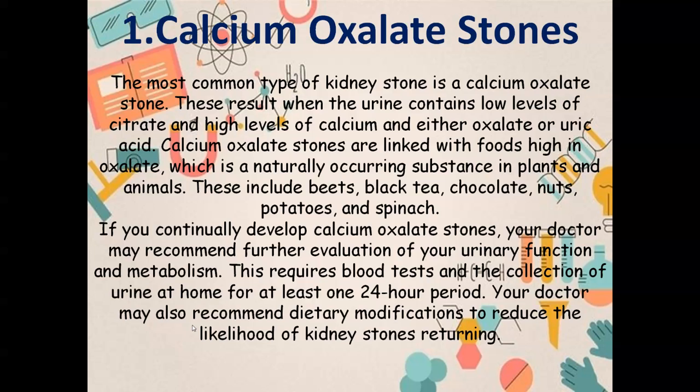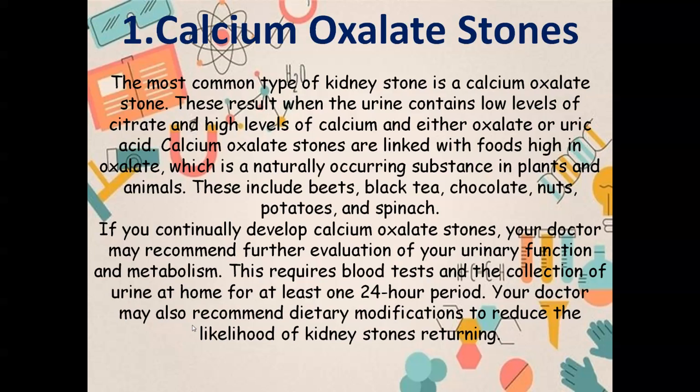Adults should have a limited amount of black tea, and children should have a limited number of chocolates. They should not be unlimited. Otherwise, they can increase the amount of calcium oxalate in our urine, which will result in a low level of citrate and high levels of calcium or oxalate.